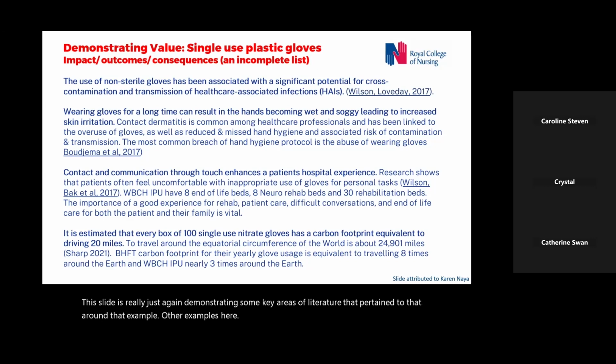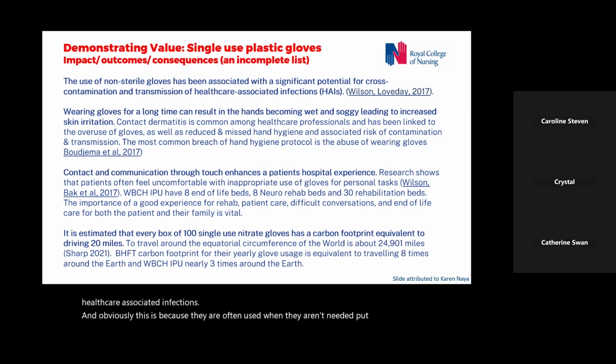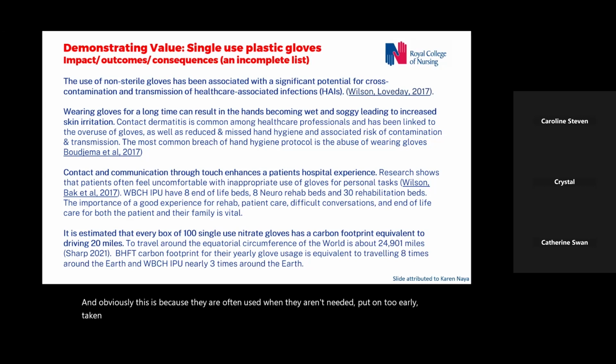The first one here, by Wilson and Loveday in 2017, looks at the use of non-sterile gloves being associated with a significant potential for cross-contamination and transmission of healthcare associated infections. And obviously this is because they're often used when they aren't needed, put on too early, taken off too late, or not changed at critical points.